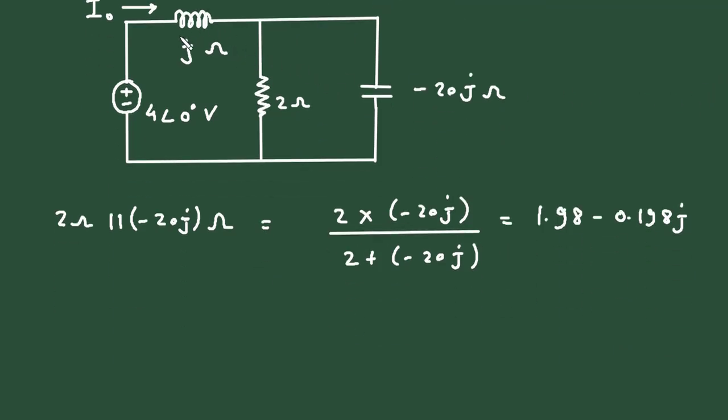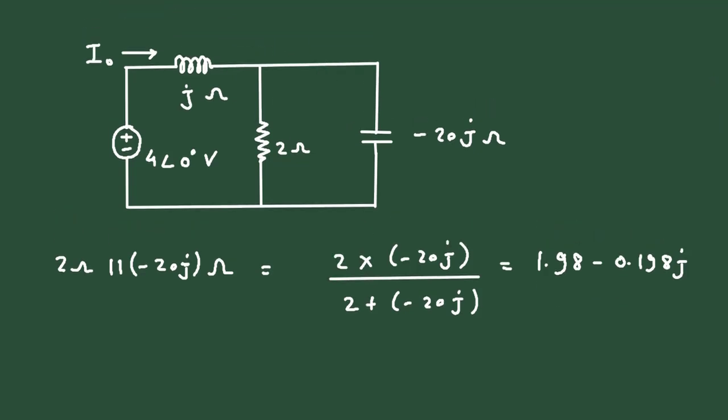Now if we remake the circuit, or we can directly add this, both are connected in series with this j.